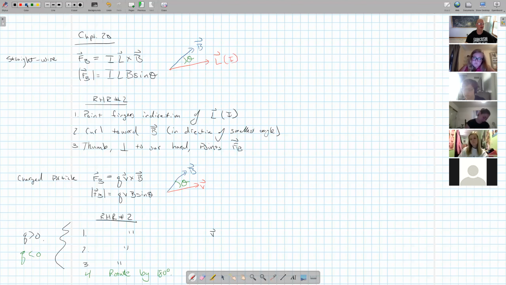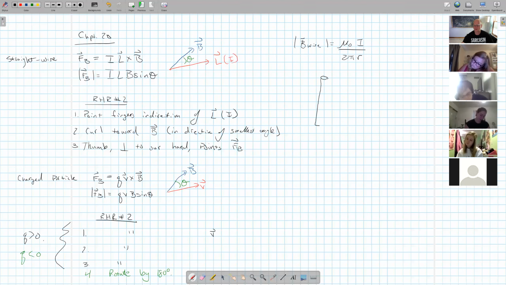What else do we know? We know that the magnetic field of a wire, magnitude-wise, is equal to mu naught times the current divided by 2 pi times the radius. So this means that what?